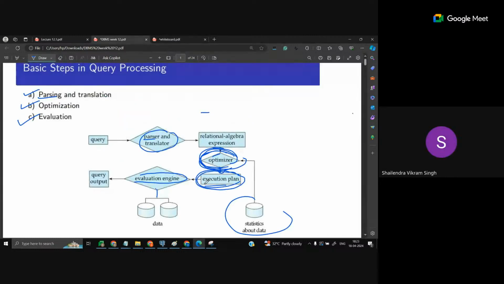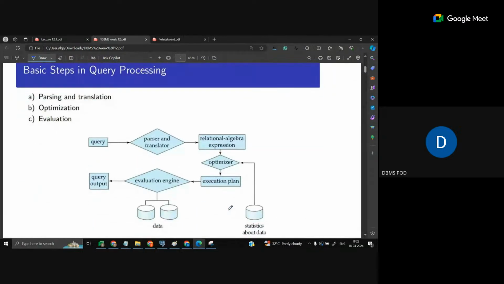Okay, let's give one example. Suppose you want to find the salary of instructors whose salary is less than 75,000.